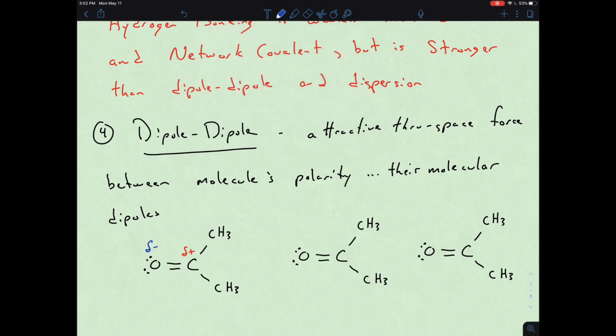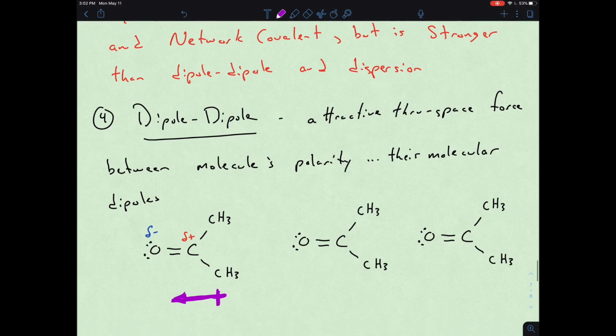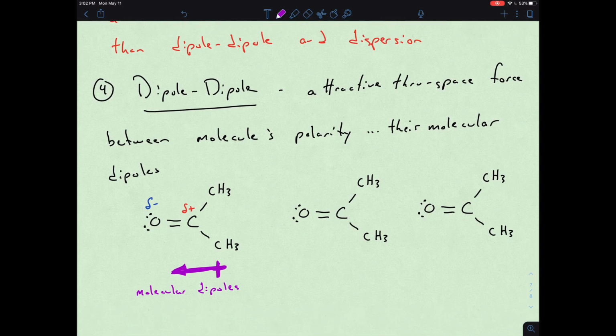Our carbon is partially positive, our oxygen negative, and so we have this molecular dipole, right, pointing to the left as far as how I've drawn it here. And so it's that molecular dipole which now kind of creates this idea of a tiny magnet, where these molecular dipoles are attracted to one another.